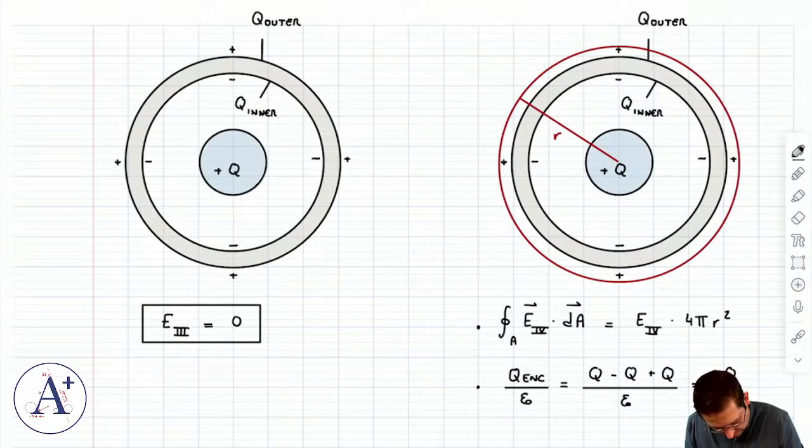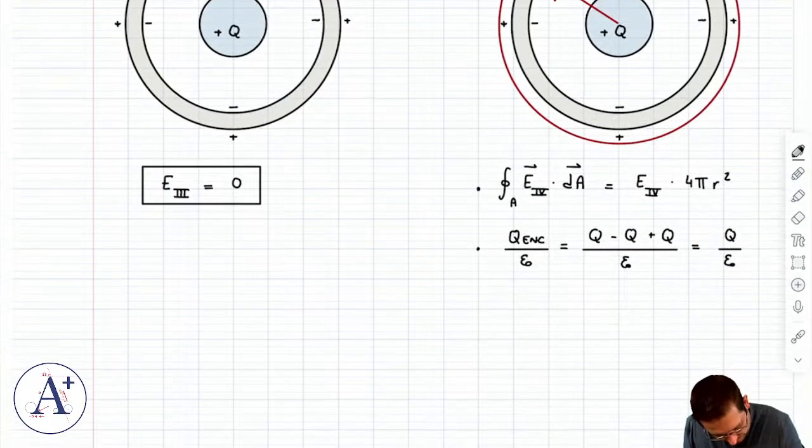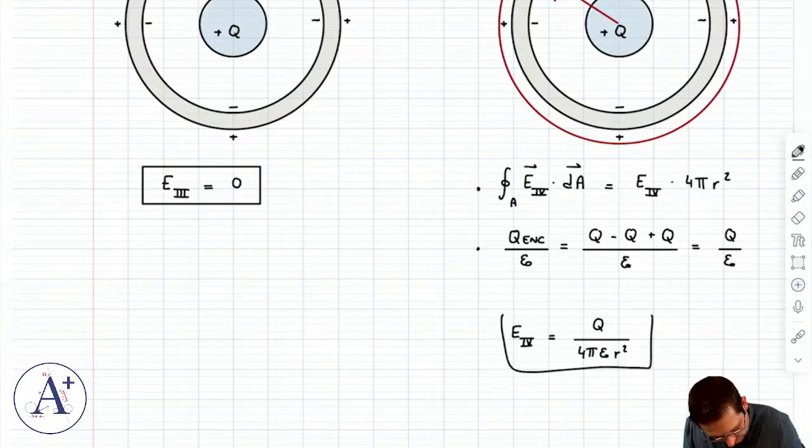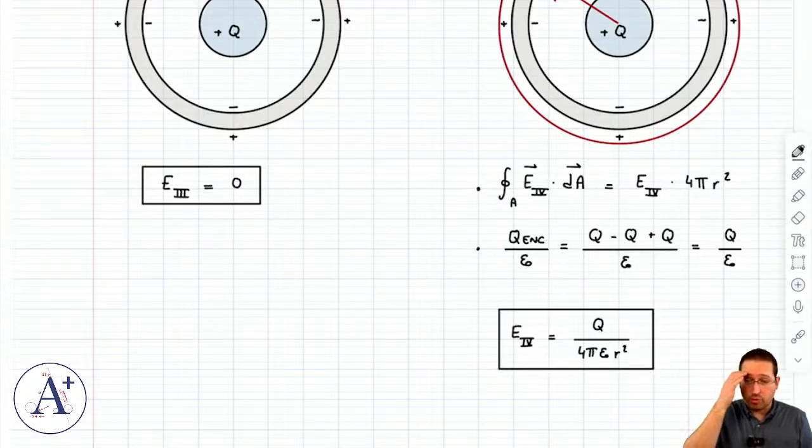So that's going to be Q over epsilon naught. And therefore, same as in region 2, we find that E4 is Q over 4 pi epsilon naught r squared. And so from the outside, this thing just looks like a big point charge with charge Q.